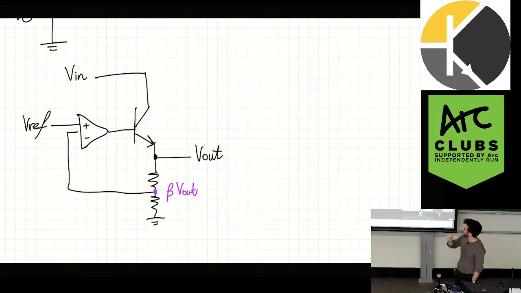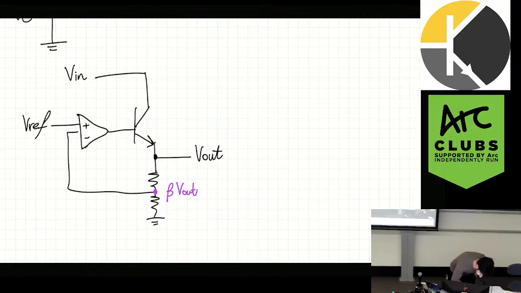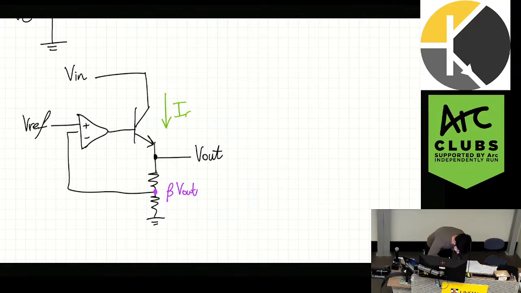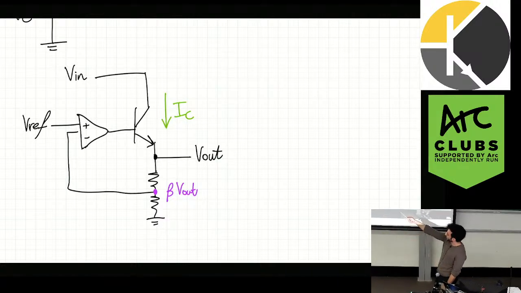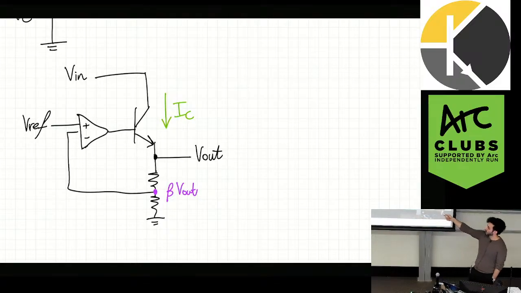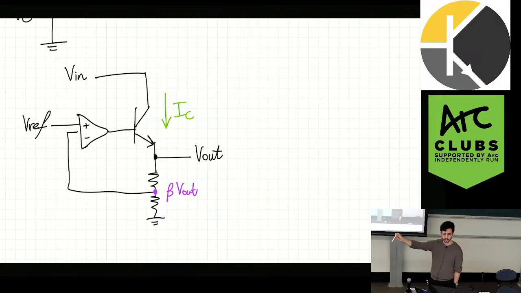So what happens as the output of the op amp grows and it drives more current, what happens to the BJT? Does it start sinking more current or less current? I'm referring to this current here, IC. As the output of the op amp grows into the BJT and it starts sending in more current, does IC grow or decrease?